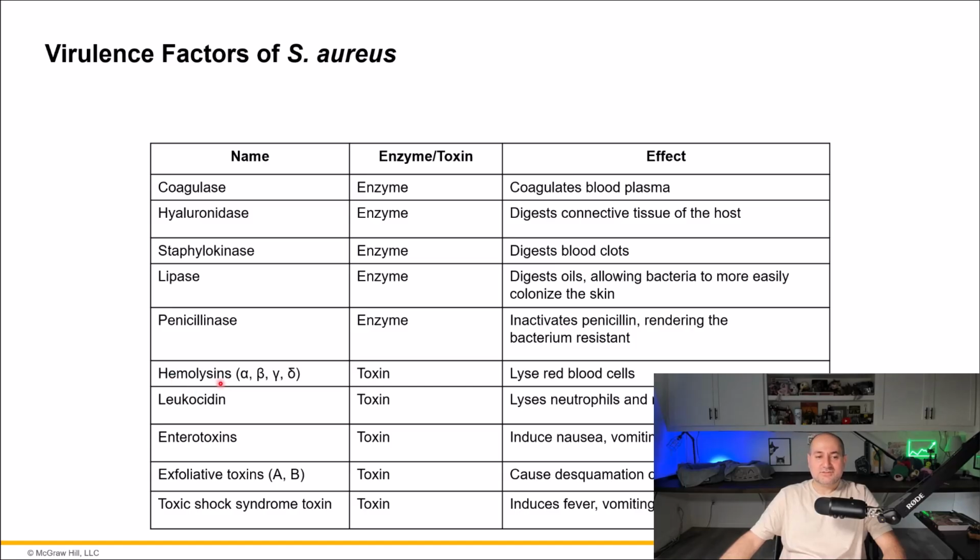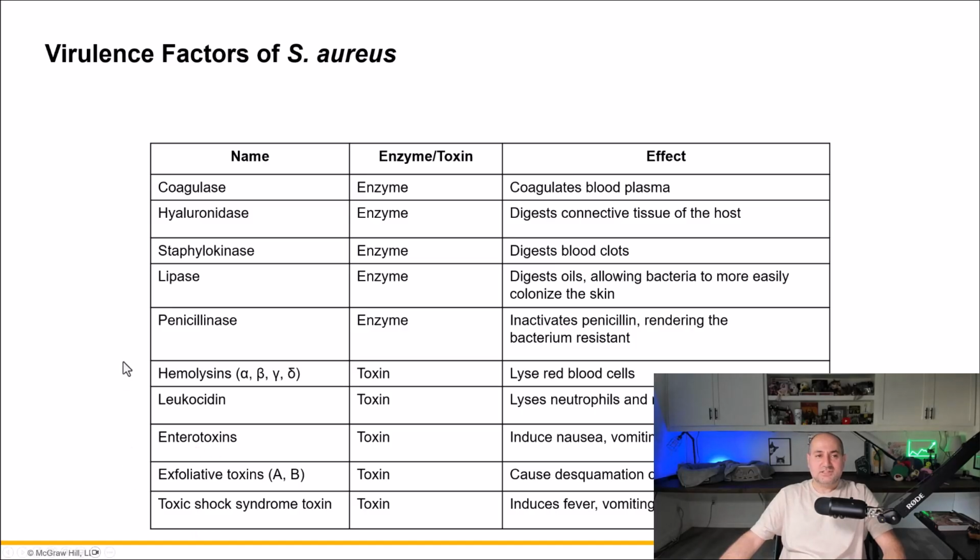And yes, in case you're wondering, hemolysins, these enzymes, are virulence factors. In fact, S. aureus is known for the ridiculous number of virulence factors it possesses. Everything on this table is a virulence factor of S. aureus: coagulase, hyaluronidase, staphylokinase, lipase, penicillinase. I mean, the list goes on and on and on.